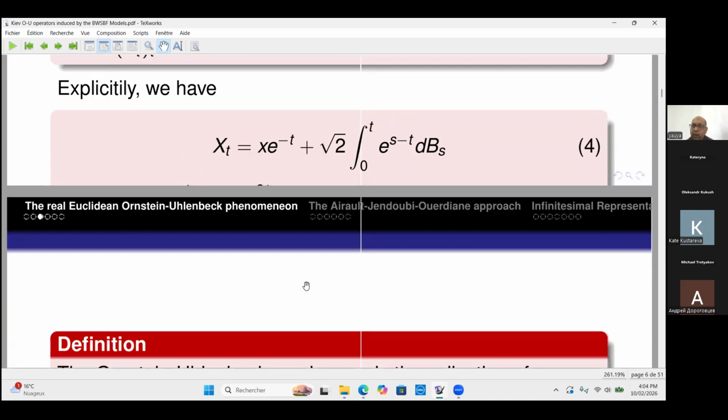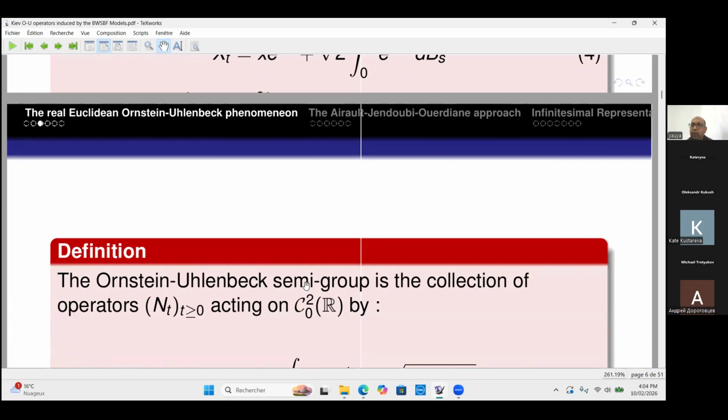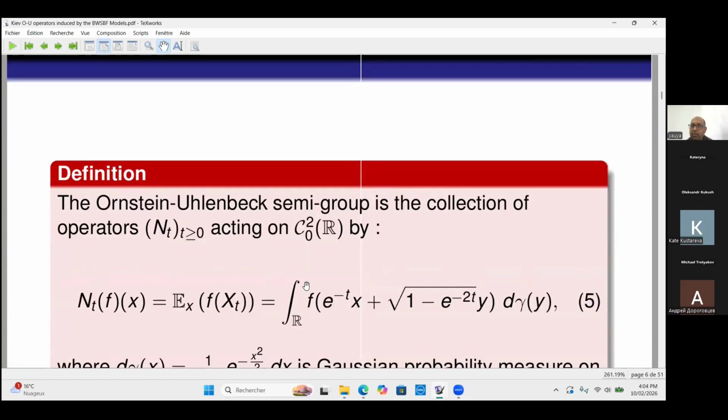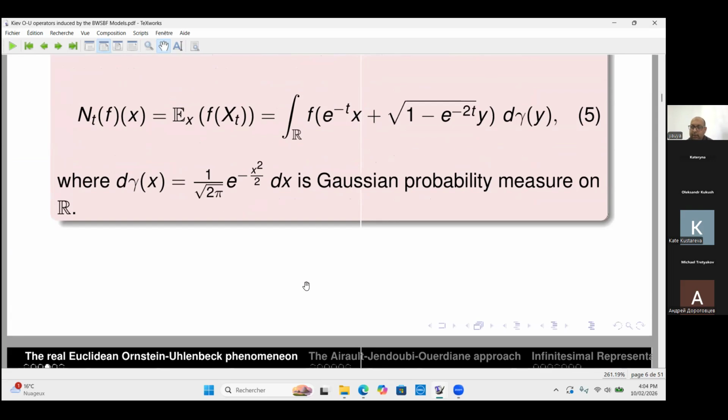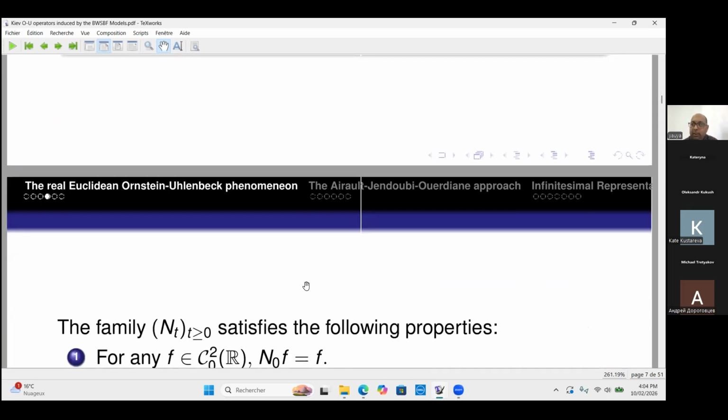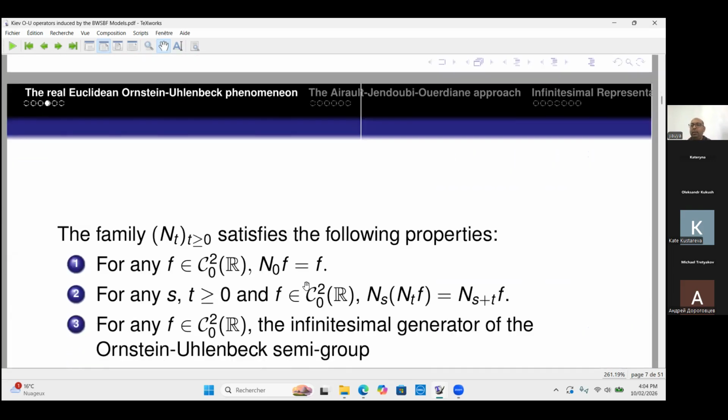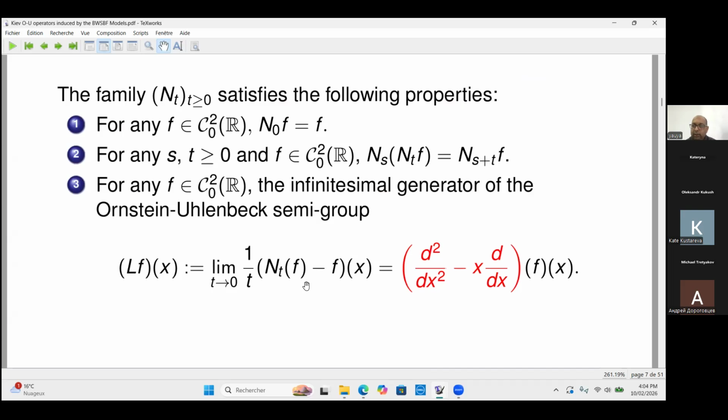Furthermore, the generator of the Ornstein-Uhlenbeck semigroup is given by the limit of 1 over t of (Pt f minus f), and it is equal to the Laplacian minus the Euler operator. That is the Ornstein-Uhlenbeck operator or process. We can see it as a perturbation of the Brownian case.